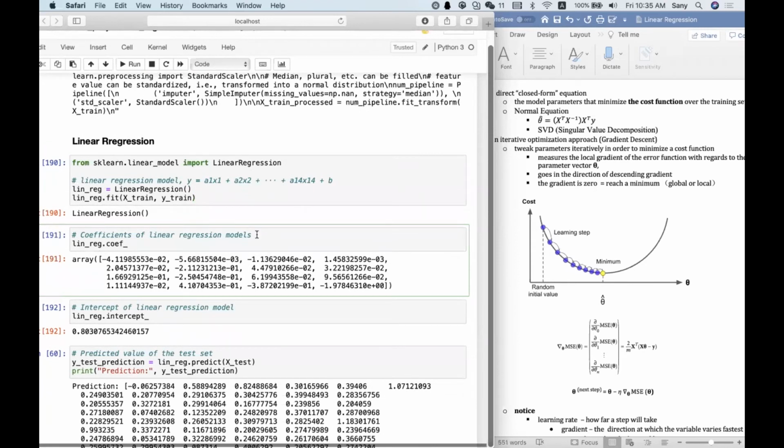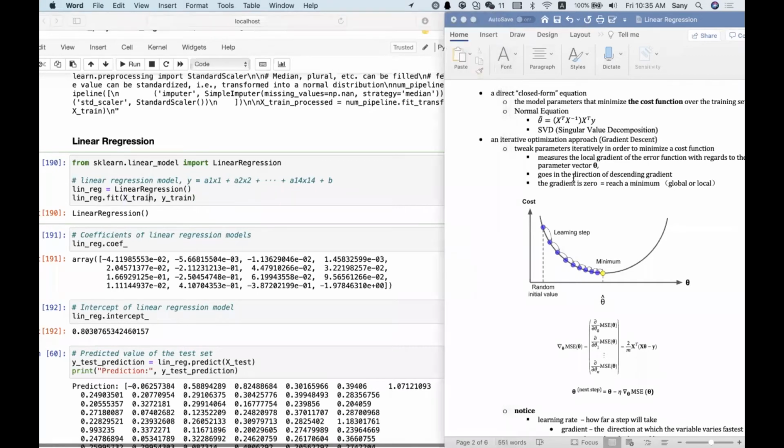Okay, so we can go on. We will just find the weight and the bias after fitting the X train and Y train for the linear regression. It will just compute them in the black box, and you don't need to know how it works beside it.